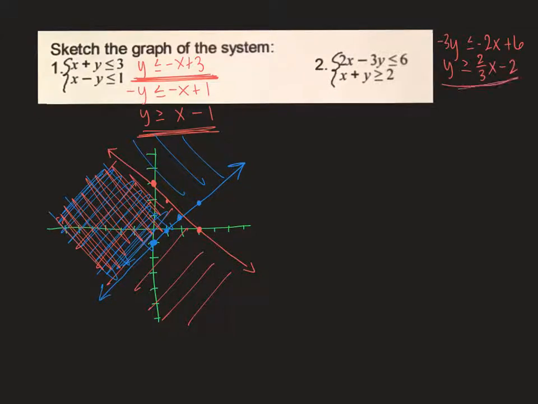So I end up with y greater than or equal to 2/3 x minus 2. And then the second equation, I'm going to subtract my x. So I end up with y greater than or equal to -x plus 2. So now it's just a matter of graphing those.